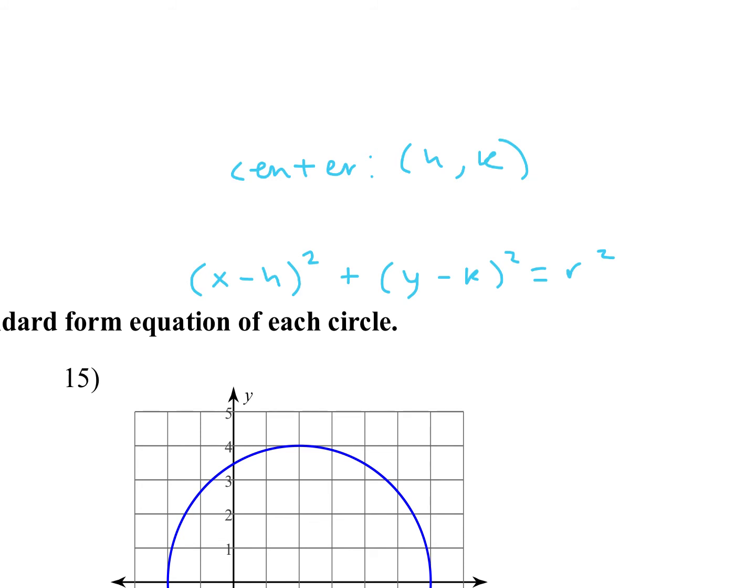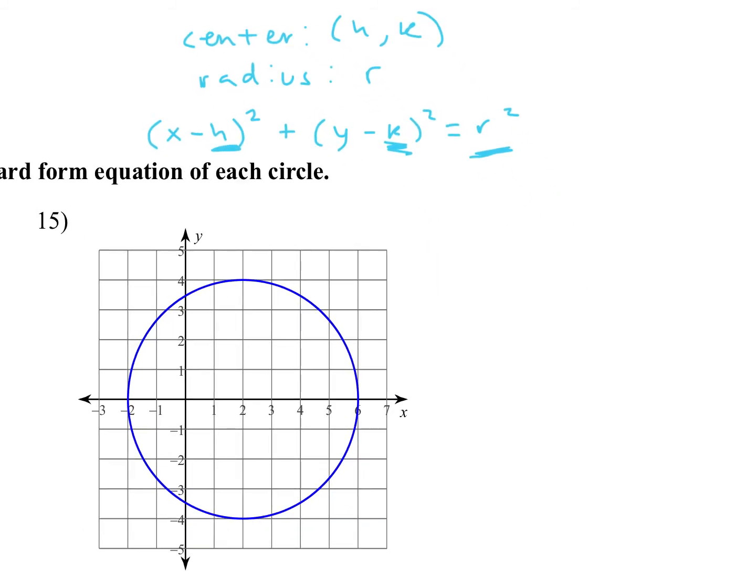So we use our center to plug in h and k, and then our radius of the circle is r. So we would just take our radius and square it to put it into the formula here.